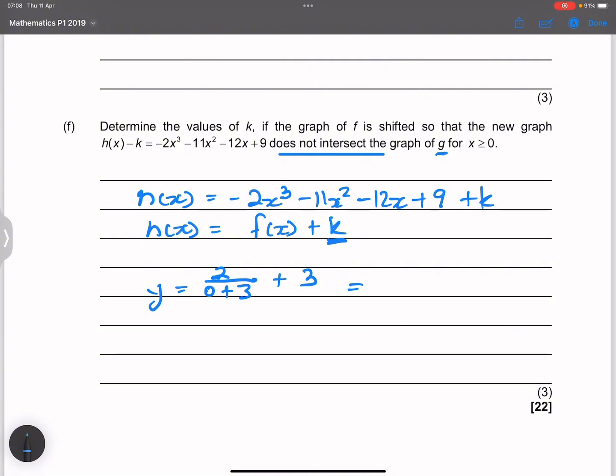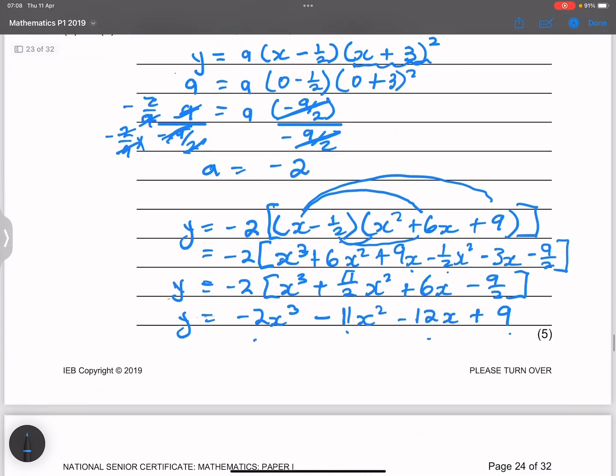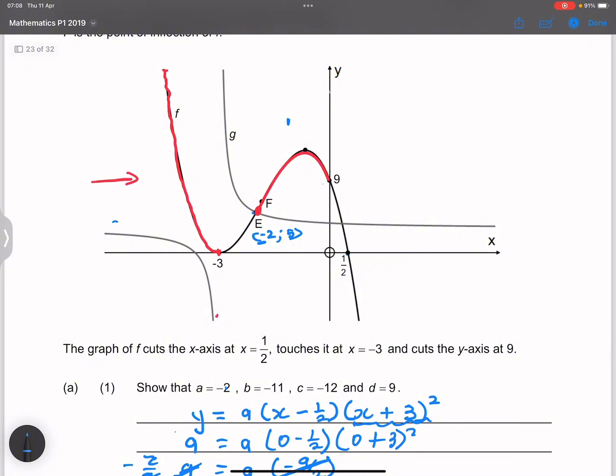So that simply will be 11 over 3, right? So in this case, if this is 11 over 3, so if we can shift the graph of f down by that value, it will not intersect with the graph of g on the right hand side. Okay, so let's see what would be that value there. So that would be 9 minus 11 over 3.